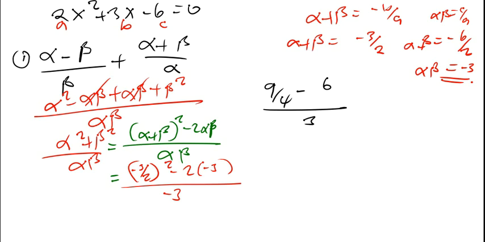In simple terms, this is basically the same as 9 over 4 minus 6 over 1. Find this first, then you divide by negative 3 later on. So the common denominator is 4. 4 there, I'll have 9 minus 24.